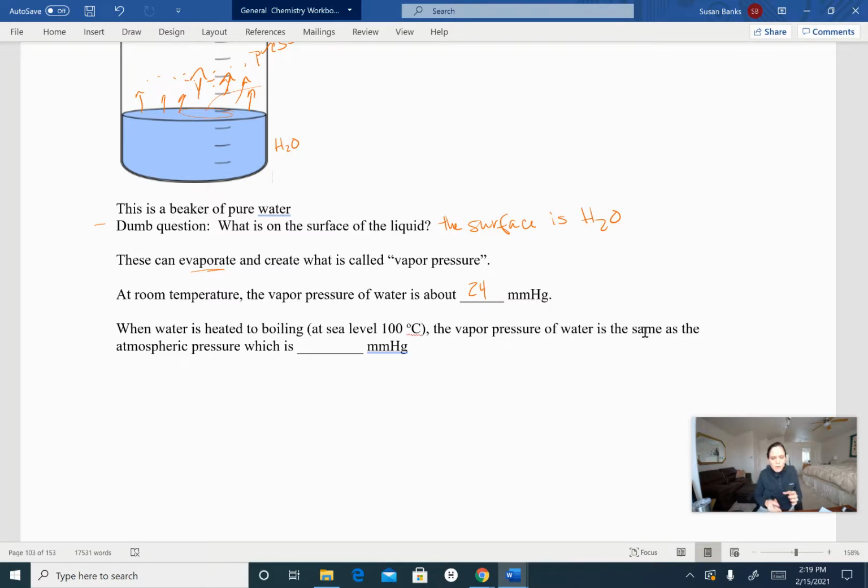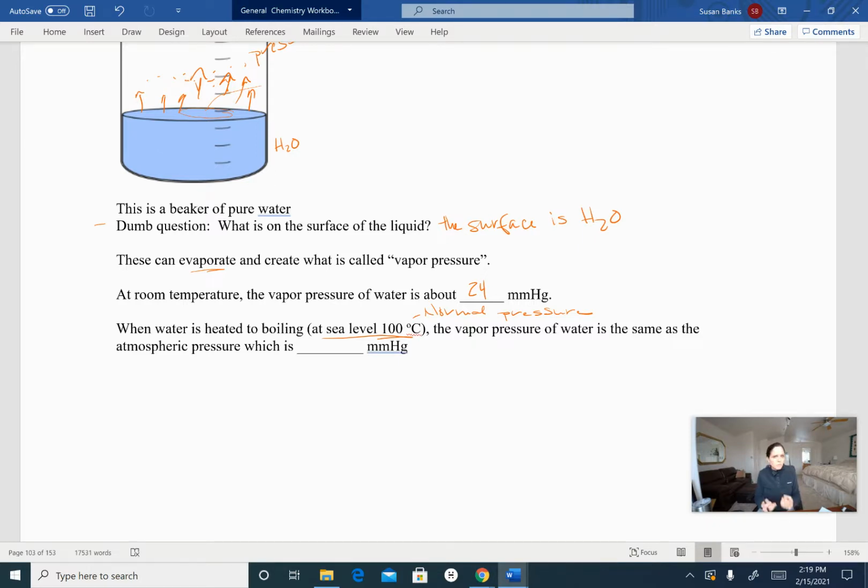So think about when we put a pot of water on the stove to boil. What happens when those bubbles of water are coming up out of that water? When water is heating to boiling, and we're talking at sea level, which is what we call normal pressure, at sea level, water will boil at 100 degrees Celsius.